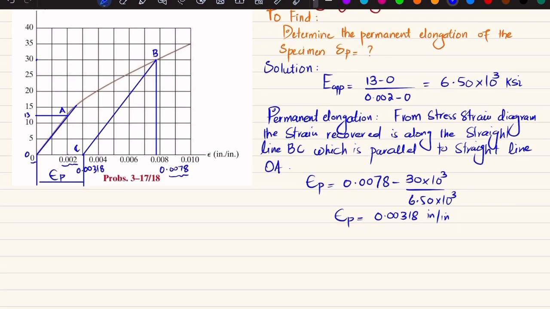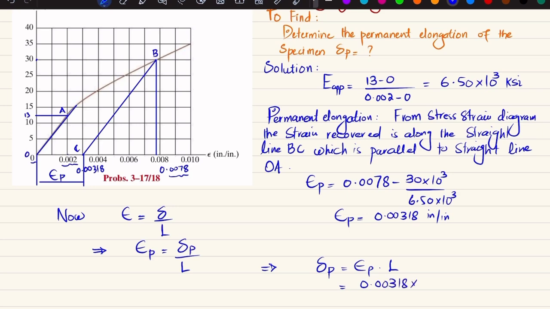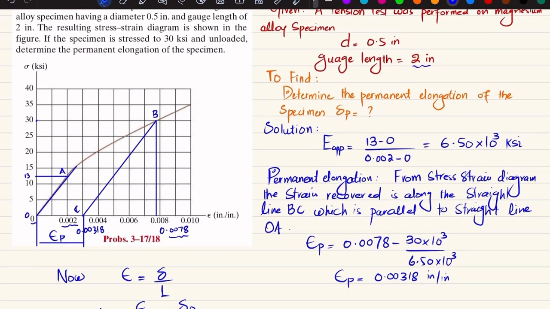Now we know that strain is equal to change in length divided by original length. So the permanent strain will be equal to permanent length divided by original length. We are interested in finding the permanent elongation. So permanent elongation is equal to permanent strain into original length. The permanent strain is 0.00318, and the original or gauge length is 2 inch.